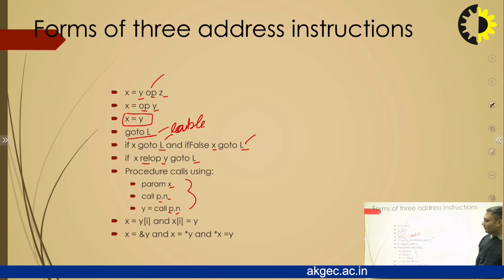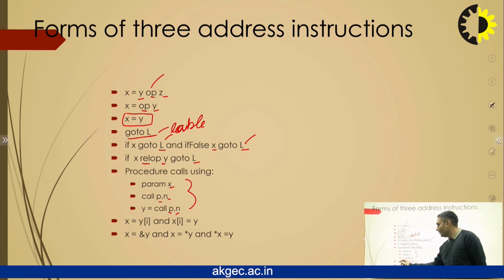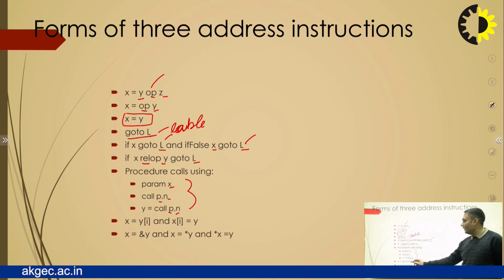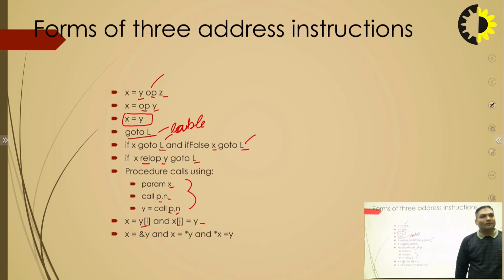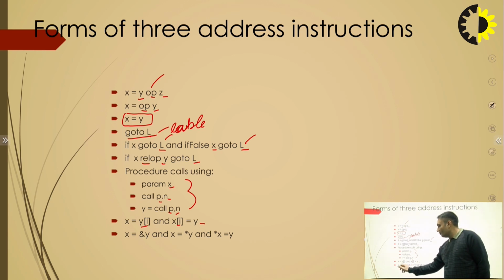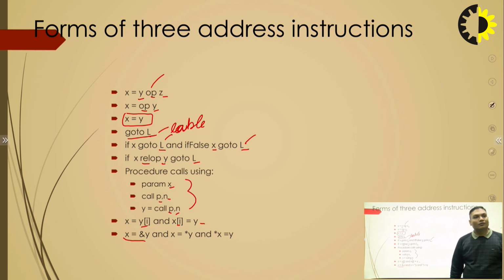In the case of arrays, we can also define an array with an index value in the form of 3-address code, like X equals Y index I and X index I equals Y. Similarly, pointers and storage locations can also be represented in 3-address code, like X equals address of Y, Y equals pointer Y and pointer X equals Y. So these are the various forms of 3-address code that can be used when we are generating the intermediate code in compiler design.